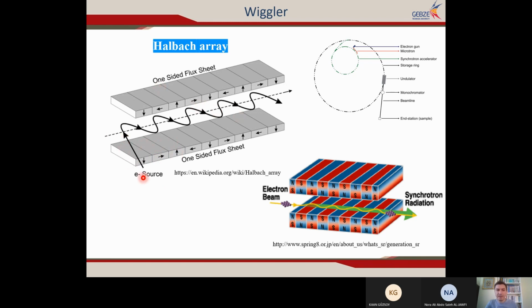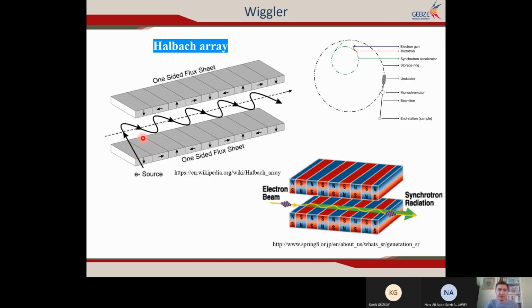So here we have the electron source. An electron is a negatively charged particle. Whenever it enters this Halbach array, the electron feels a magnetic field, and it is deflected due to the Lorentz force, which I have discussed, okay? It is given by qvB. The electron has a certain charge, a certain velocity, and here we have B, the magnetic field.